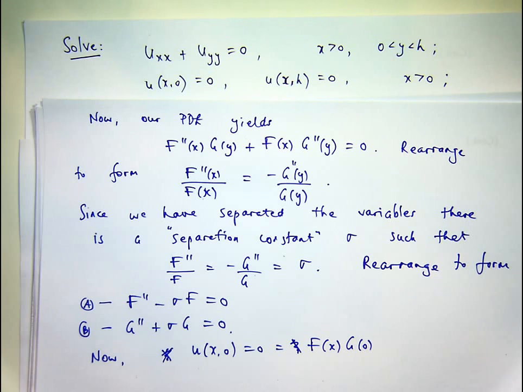So what does this tell us? It tells us that big F is identically equal to 0, or big G of 0 is 0. Now we don't want big F to be identically equal to 0 because that way we get the trivial solution.